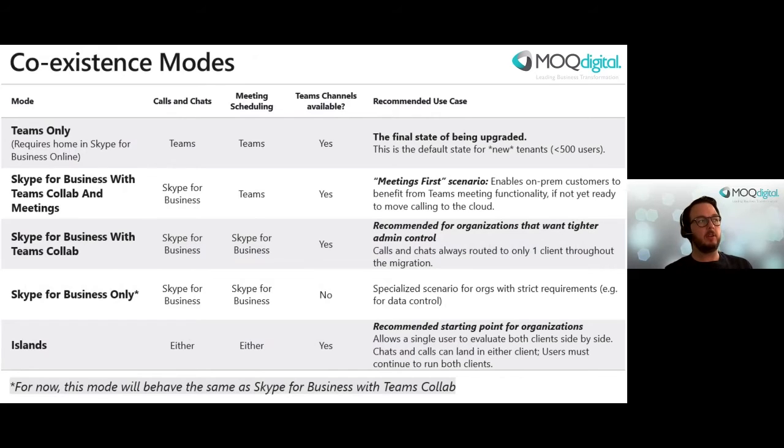Or you might say, we're going from Skype for Business, and we're going to be introducing just the meetings and collaboration payloads. So you might select the coexistence mode for those users to be Skype for Business with Teams collaboration and meetings. The end state that you want to get to is the Teams only coexistence mode. And there are two ways that we can do this.